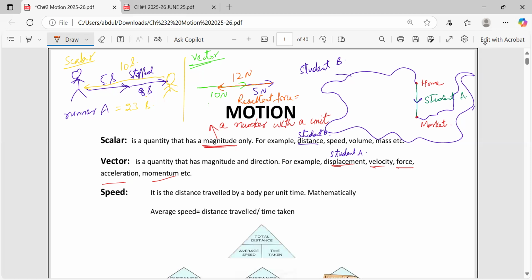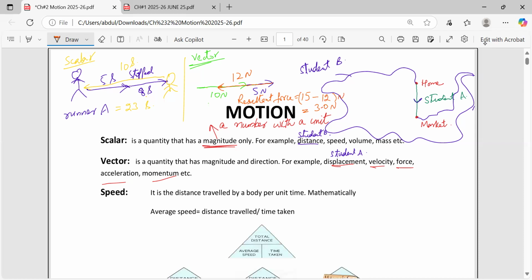The answer: 10 and 5 Newton are in the same direction, so it will be 15. But 12 is in the opposite direction, so it will be 15 minus 12, and the answer will be 3.0, because, as I told you last class, if you have a single digit, you put 0 and then the particular unit. So 3 Newton is the resultant force. So a vector has one particular direction all the time.